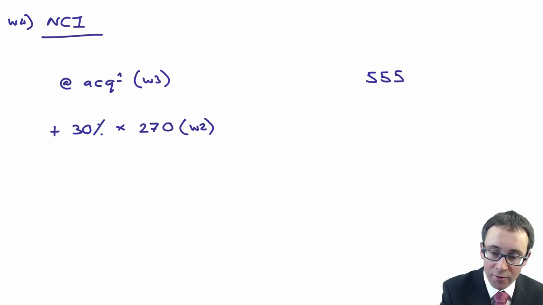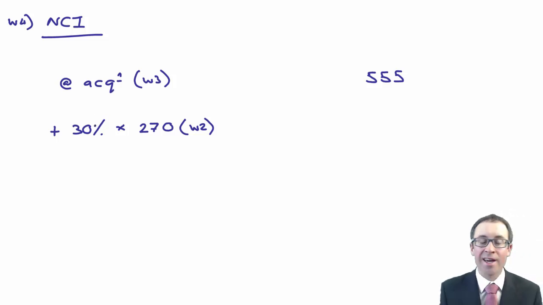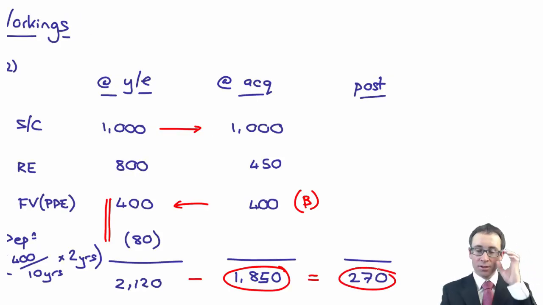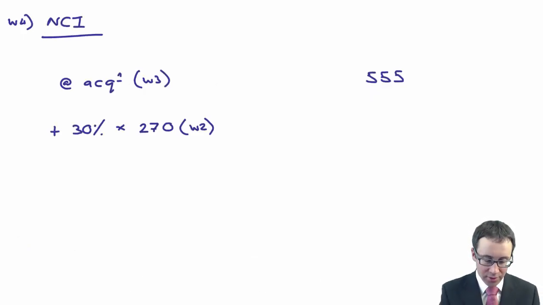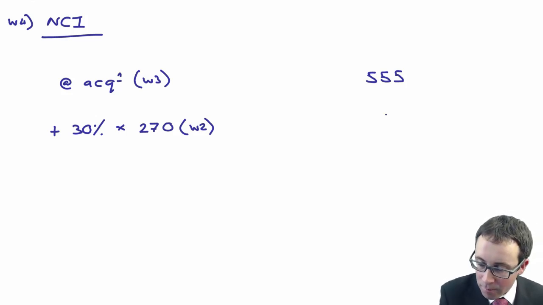Why 30%? Well, if we own 70, the NCI owns 30, doesn't it? Okay. Why 270? Well, that is the post-acquisition movement in the net assets, isn't it? 270. 270 times 0.3, that gives me there is that 81.